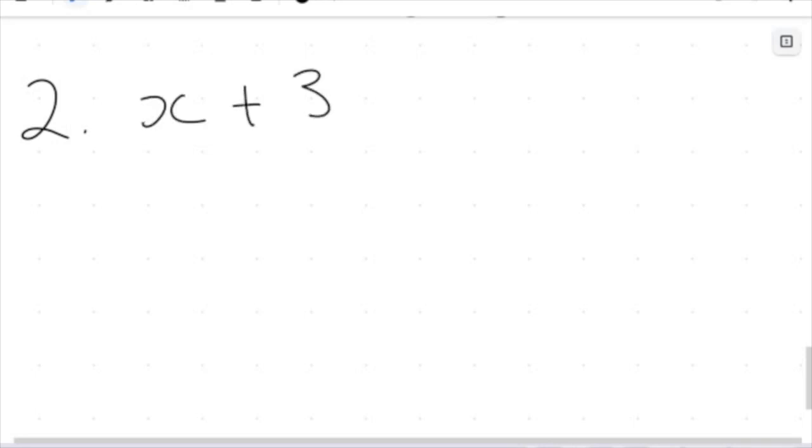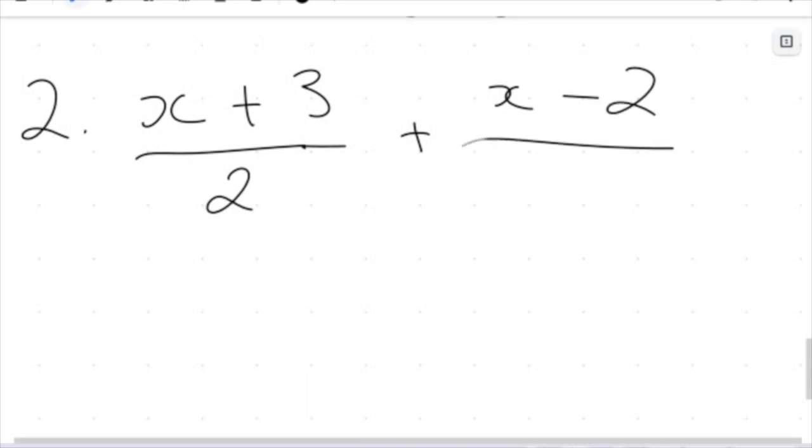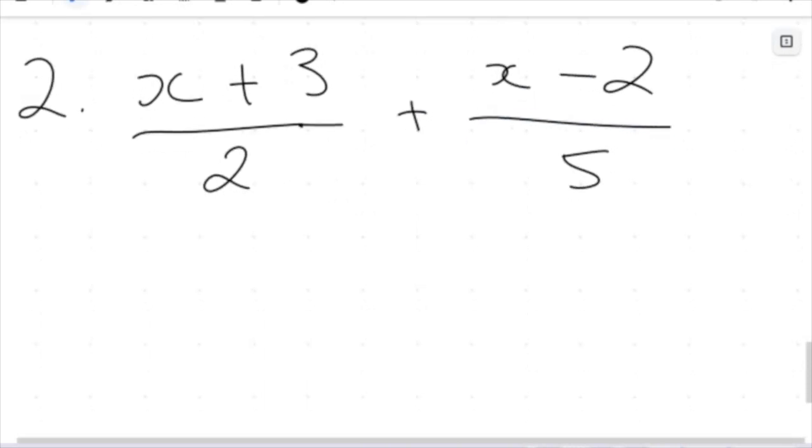Okay, let's try a slightly trickier example. Here we are going to do x plus 3 over 2 plus x minus 2 over 5. Here I want to once again do the same thing that I've been doing so far.